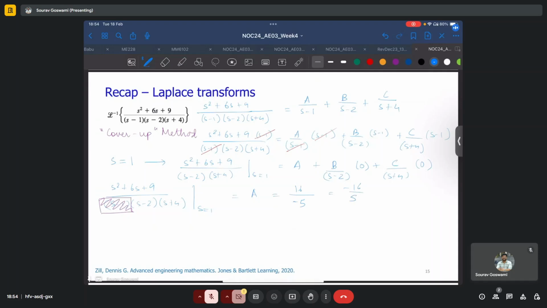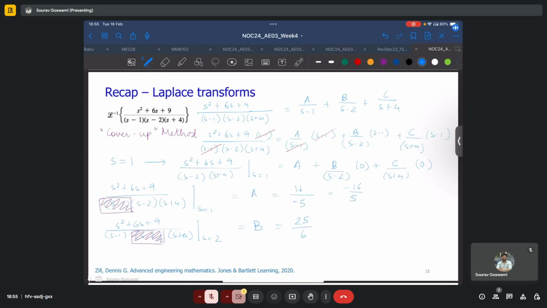If I want to find b, I will simply cover up this second factor and evaluate this function at the second zero, which is 2. Let's see what that gives us. 4 plus 12 is 16, plus 9 is 25, by 2 minus 1 times 2 plus 4, which is 6. So b is 25 by 6.